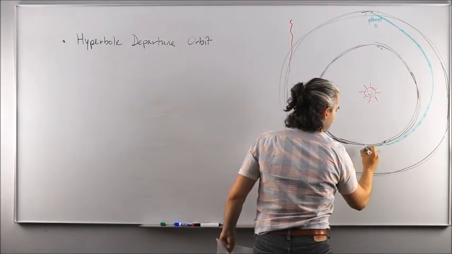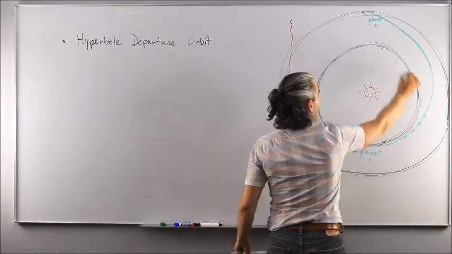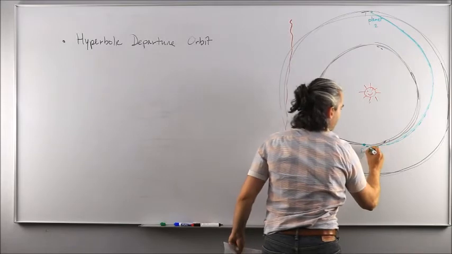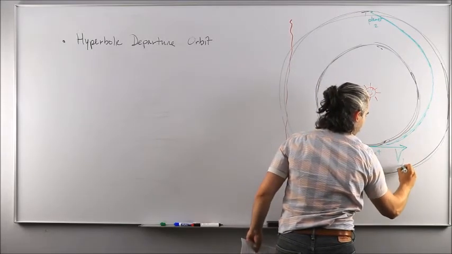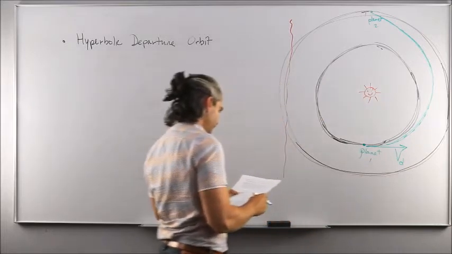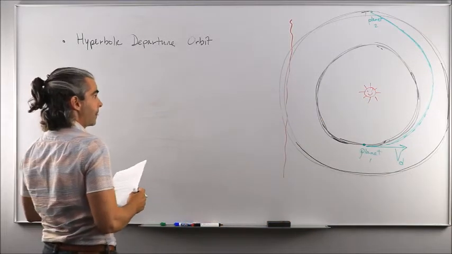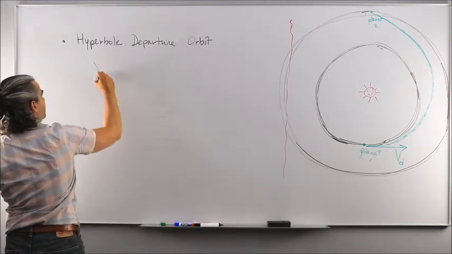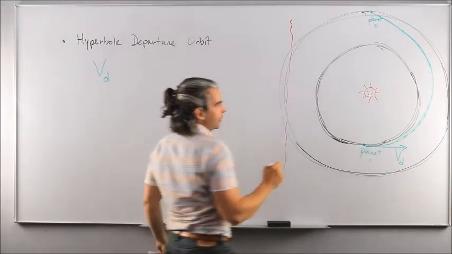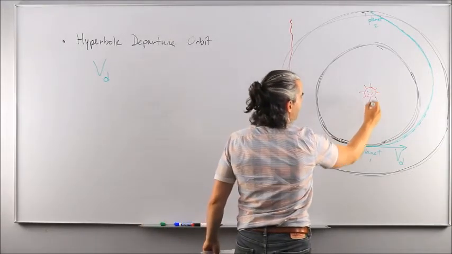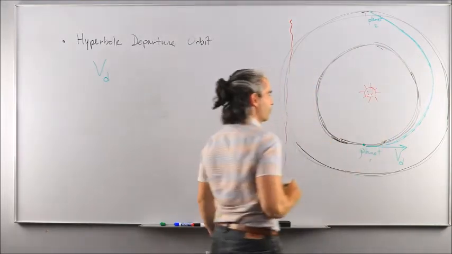So I'm going to say that this planet happens to coast along its circular orbit around the sun and therefore has a speed denoted by capital V_D. Okay? Now this capital V_D also happens to be the speed at the perigee of the elliptical heliocentric transfer orbit.